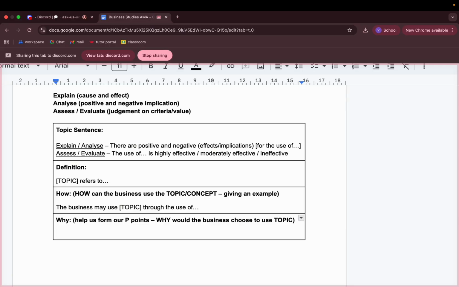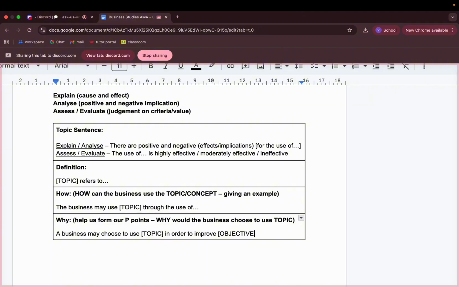Separation. What's something better? Non-monetary rewards. Why would a business decide to use non-monetary rewards? We'd want to link this to both the objectives and business goals in general. So a business may choose to use, again, whatever the topic might be, let's say non-monetary rewards, in order to improve, and then we would link it to the objectives of the topic.